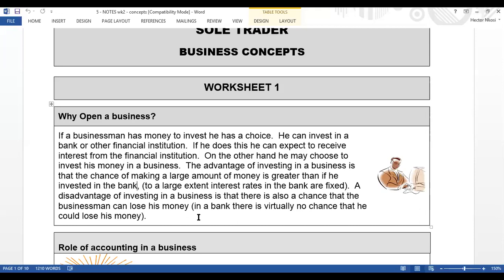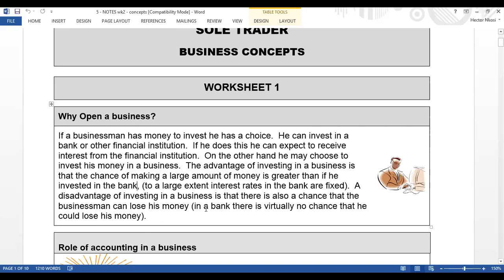Also now, since it's coronavirus, some businesses can't operate at all because there are products or services that are not regarded as essential. So they will be opened as soon as this coronavirus ends. So it is very important, guys, to look at those things. And remember, in a business, you always have pros and cons. There is no business that is 100%. There must always be a disadvantage and an advantage.